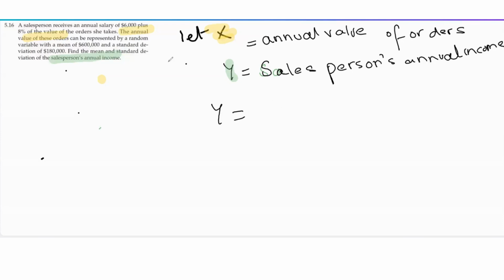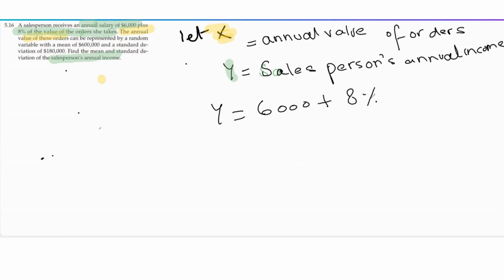Now, based on the question, a salesperson receives an annual salary of 6,000 plus 8% of the value of the orders she takes. So they have defined Y like this: Y is the salesperson's annual income, which is the annual salary 6,000 plus 8% of the value of the orders she takes.